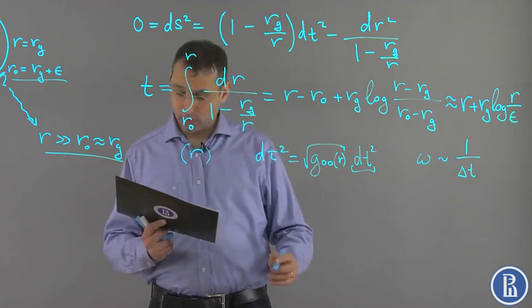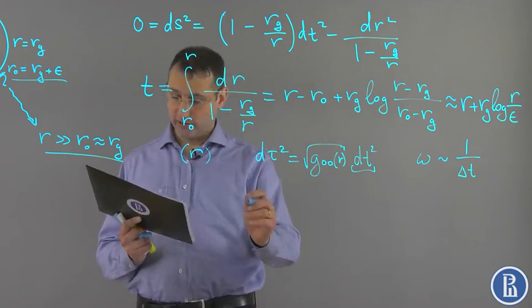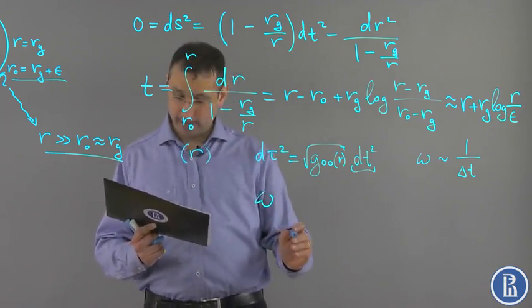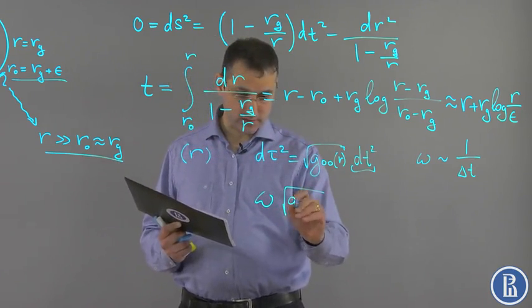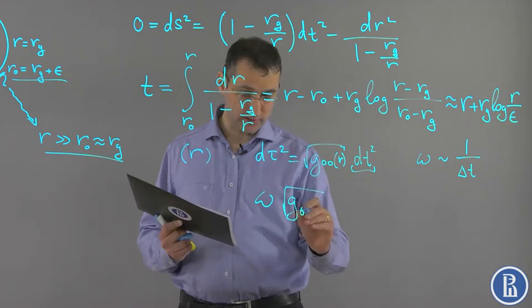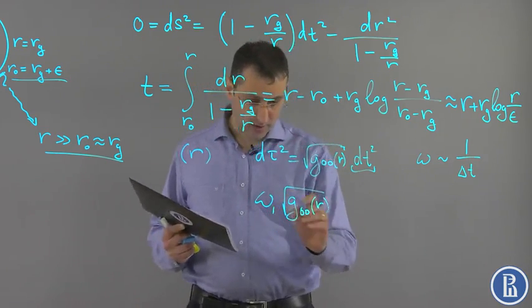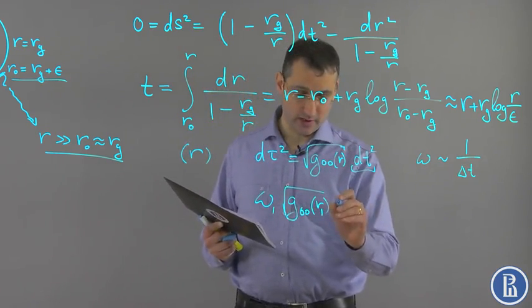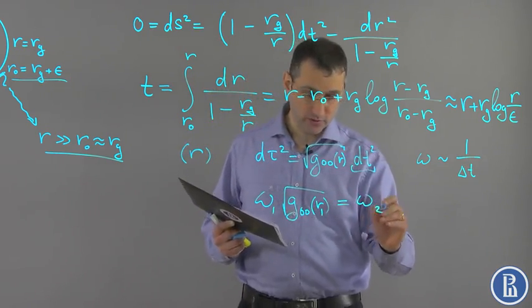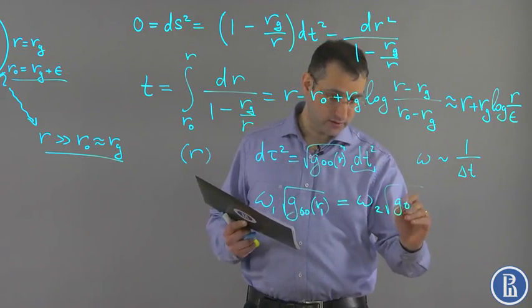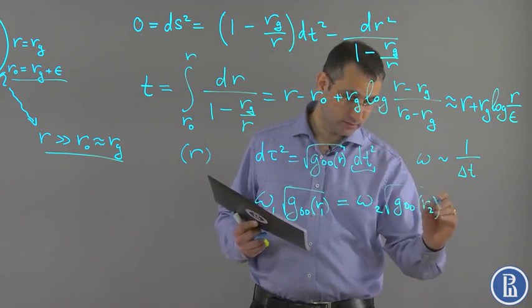As a result, we have the following relation: omega_1 times square root of g00 at r1 is equal to omega_2 times square root of g00 at r2.